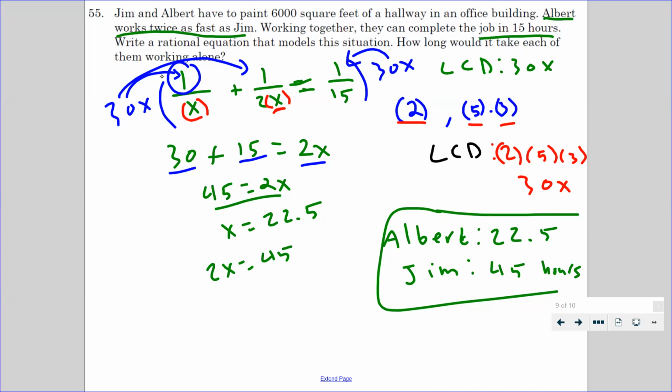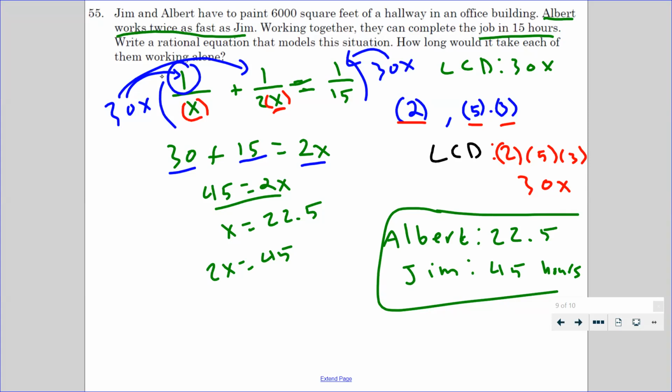That's what we said that unit of work to be. Does that make sense? So you would have still gotten the same answer if you had replaced all three of the ones with 6,000? You would have, because that time of x will tell you how fast they would be able to paint 1 square foot of that hallway.